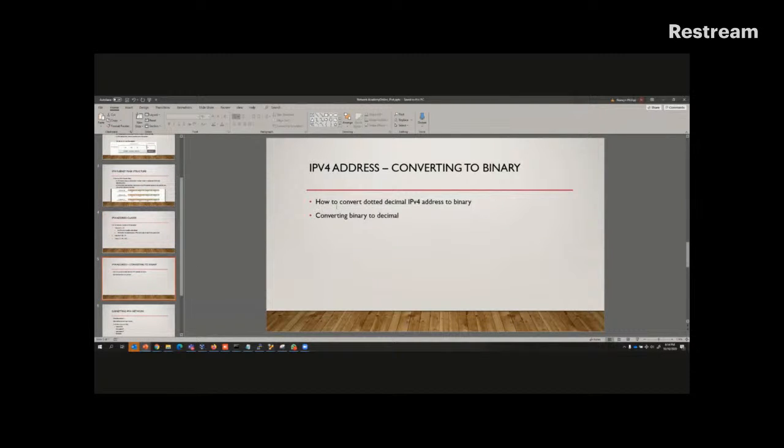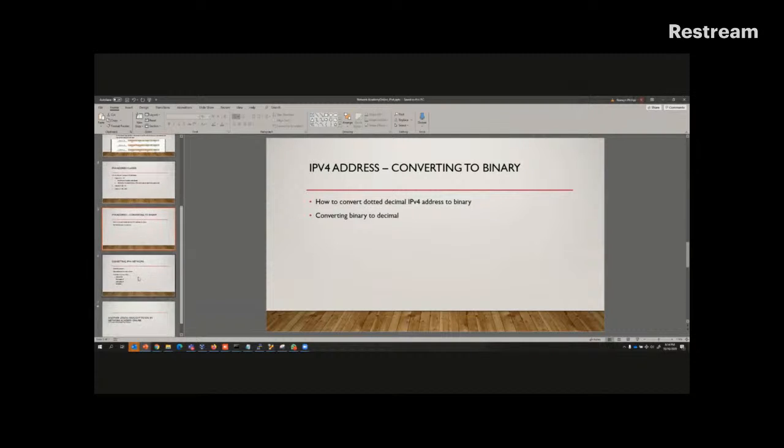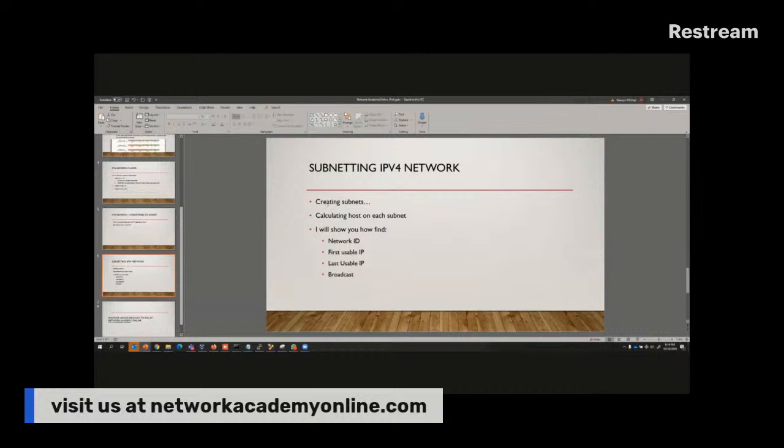So for this video, we're also going to look at converting dotted decimal to binary and converting binary to dotted decimal. And we're going to look at subnetting. So we're going to look at how we're going to create subnets. So take one class C network and break it down into smaller networks. Take one class A network and break it down into smaller networks. Class B network, break it down into smaller networks, and so on.